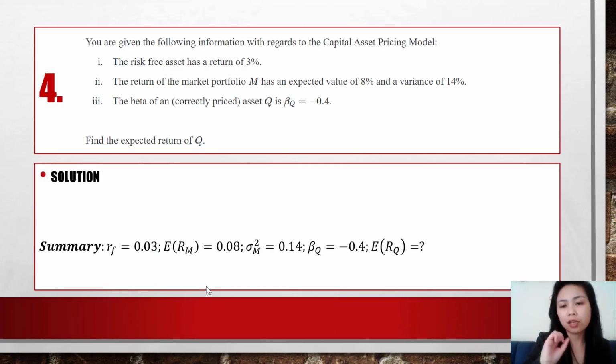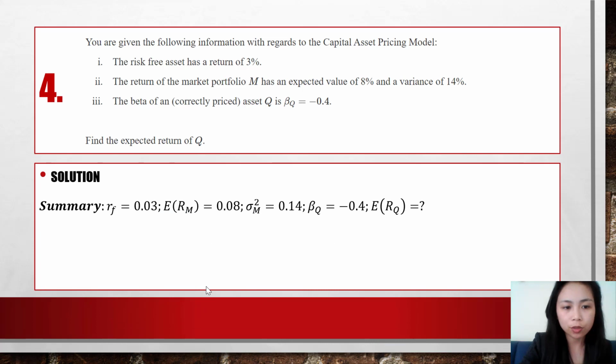So here, first thing first, we have to summarize the question. Let's read the sentence one by one. The first one, the risk-free asset has a rate of return 3%. That means RF is 0.03. The second statement, the return of the market portfolio M has an expected value of 8%.